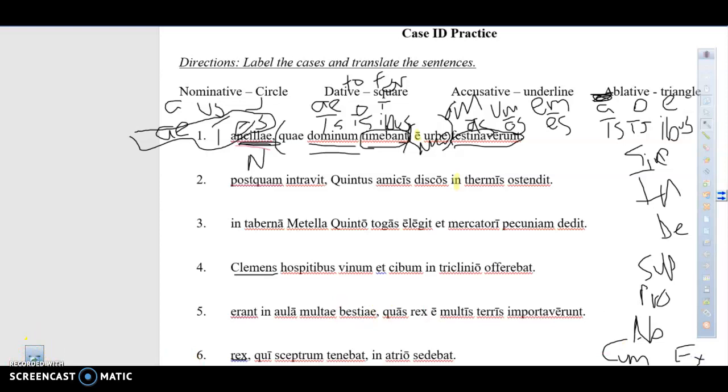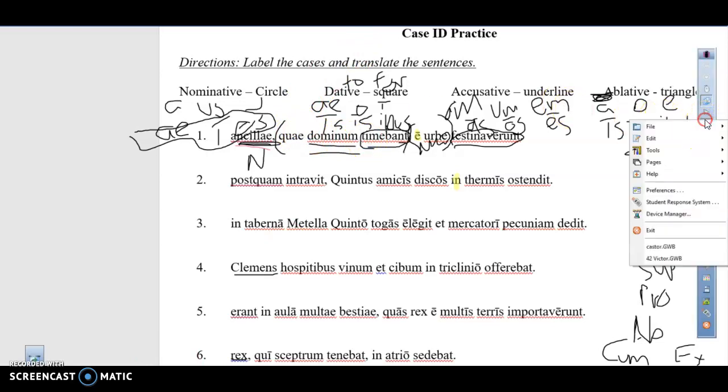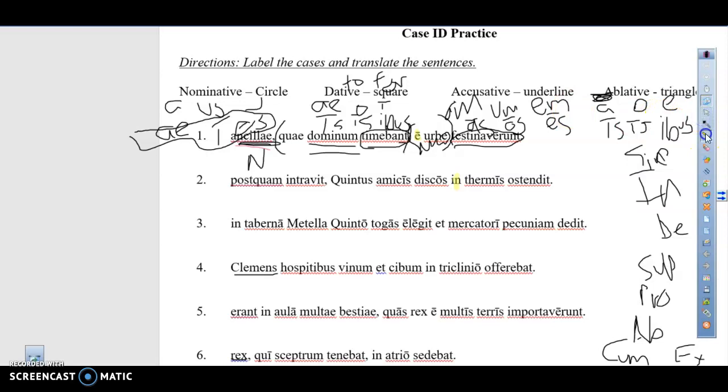Please notice that this sentence is longer because it has this relative clause in the middle, the quae dominum timebant. However, if you would like to, you can focus on your main sentence, which is outside. The slave girls hurried out of the city.